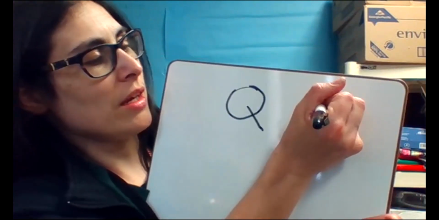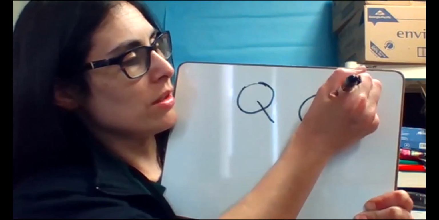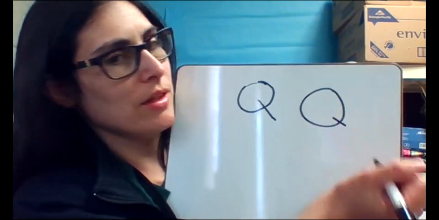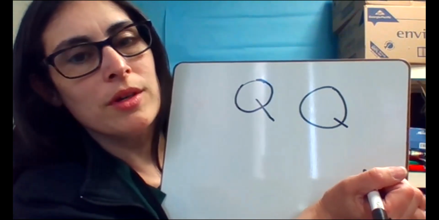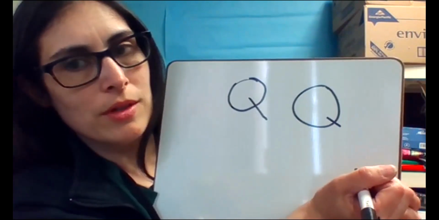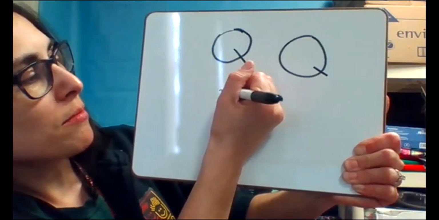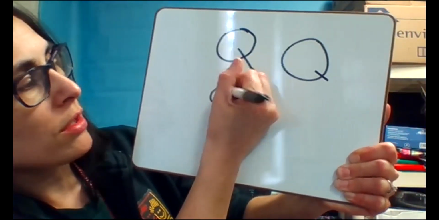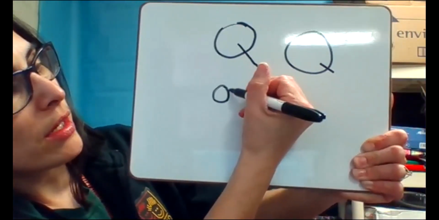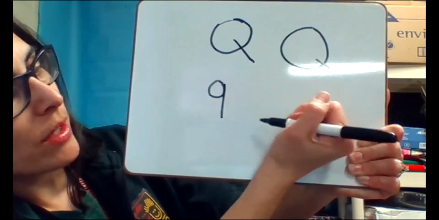I can show you again, our circle and then a line through it. Capital Q. Now for the lowercase q, we're going to make a smaller circle and then come down with a line next to it.